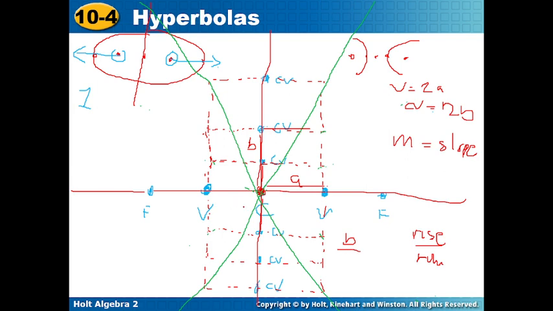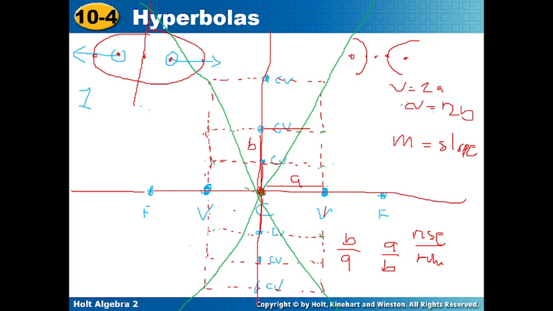So rise over run, okay? So this varies. So asymptotes have the values of rise over run, where your rise is b and your run is a. While there are times that a will be at your numerator and b will be at your denominator.